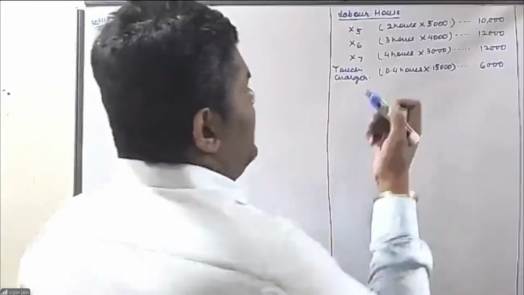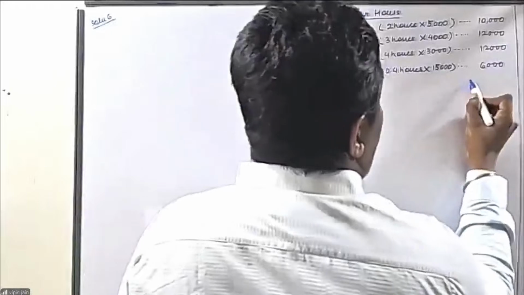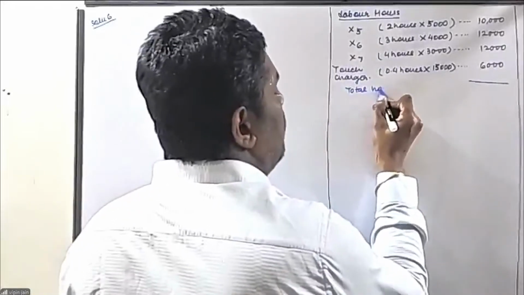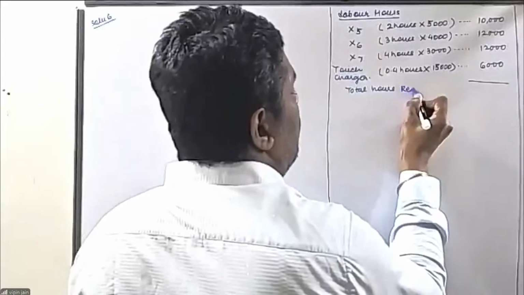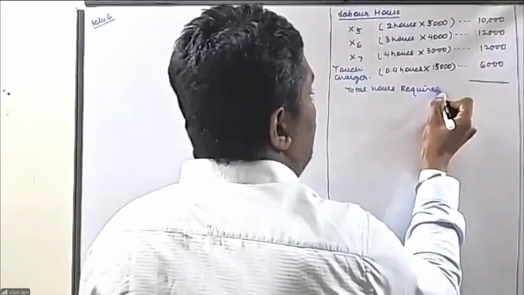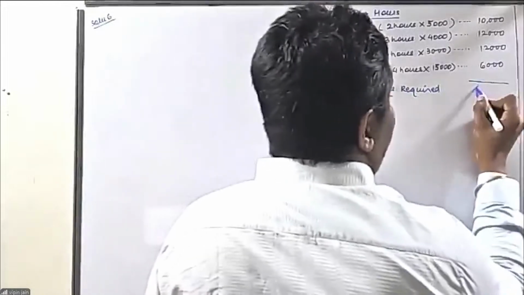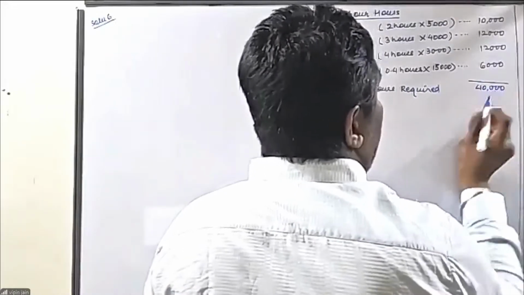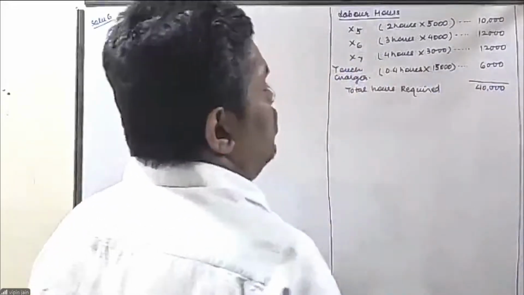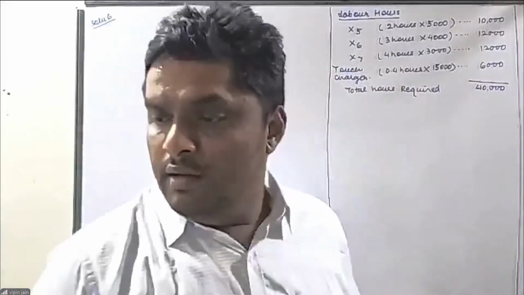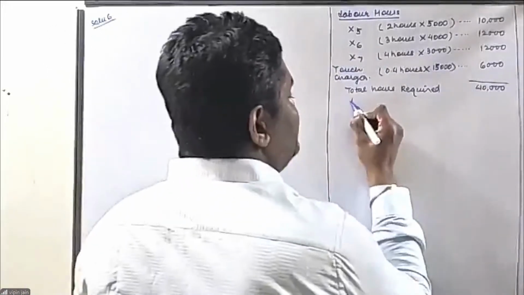So the total hours requirement is 40,000. Total hours required is 40,000. Labor hours capacity is how much?